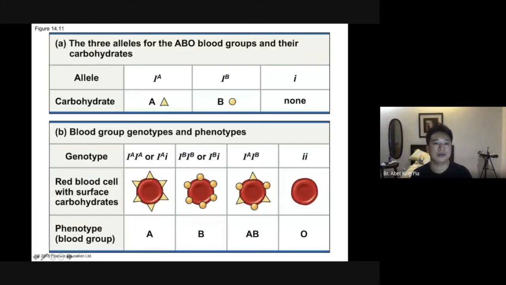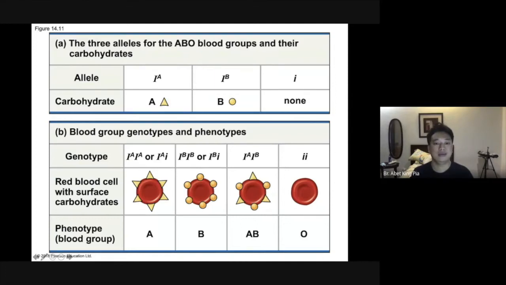Now you will see here in this presentation na if your allele and the carbohydrate are present, the carbohydrates would be present on the surface of your red blood cells. Kaya ito yung tawag dito sa ABO blood group, bali yung mga antigens na yan, kung ano yung magiging present na antigen for blood type A, blood type B, and O.